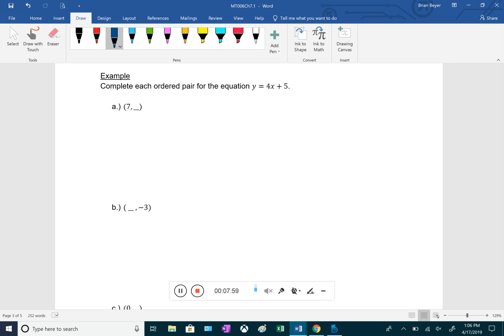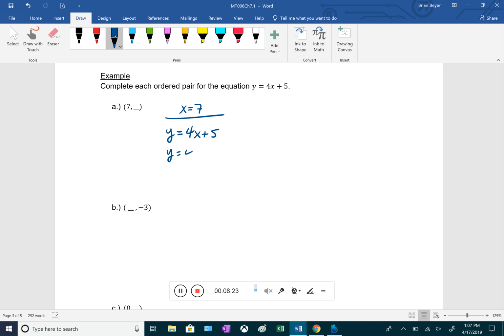So we have 7 comma something. So we're looking for the y coordinate here, and x equals 7. So we know that x equals 7, and we're looking for y. So what we're going to do is use this equation and plug in x equals 7.